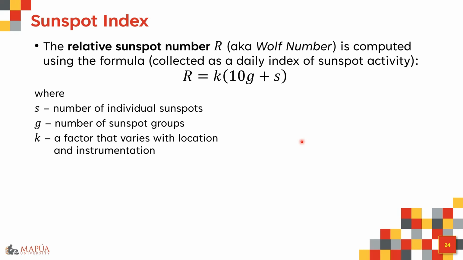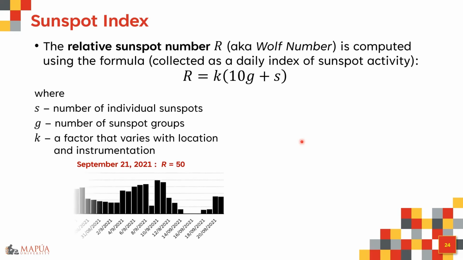So yesterday, September 21, last Tuesday, the current sunspot number is 50. If you look at the past 30 days, it varies daily, depending on what is actually seen on the disk of the sun.